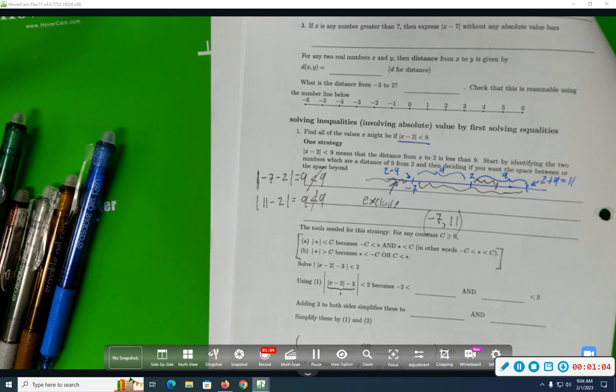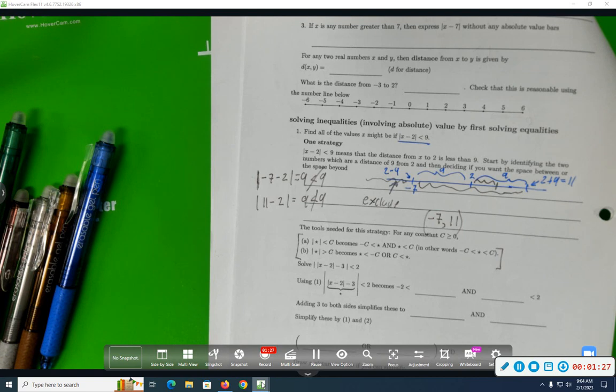So let's think about what this becomes. You could multiply both sides of this inequality by the negative, to get rid of the negative. Since we have strict inequalities, we exclude the endpoints.